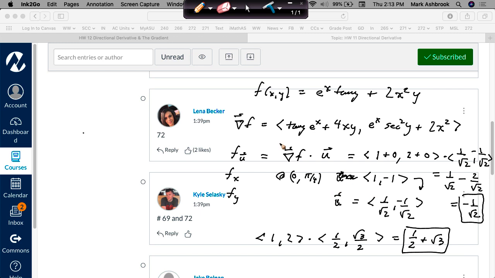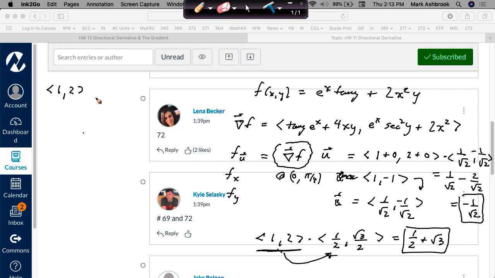Is it the 1, 2? Yes, it's the gradient. So the direction that you would choose is the gradient, but as a unit vector.